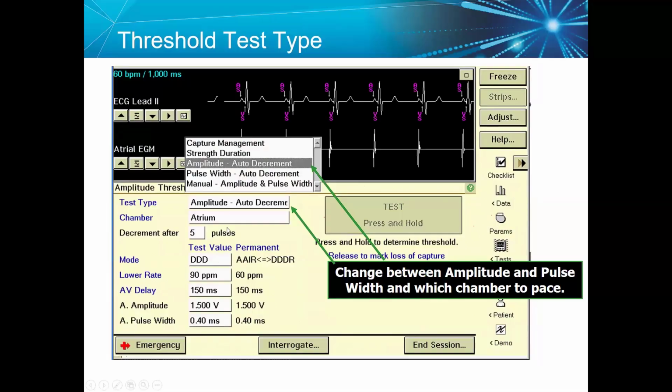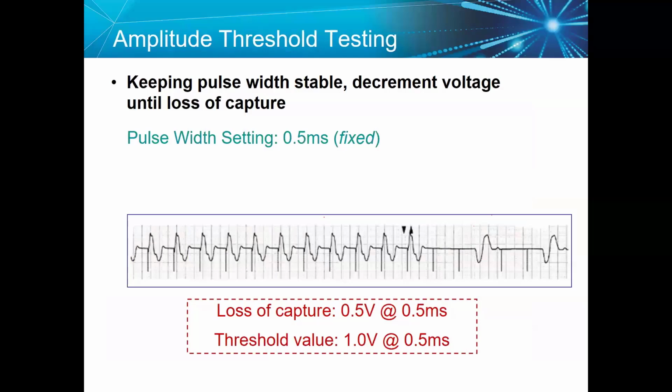Okay, so we choose the pulse amplitude and decrement, and we choose the mode which will start the capture threshold test. Also, every parameter, amplitude and pulse width, we can adjust to make sure that our threshold test will occur normally.